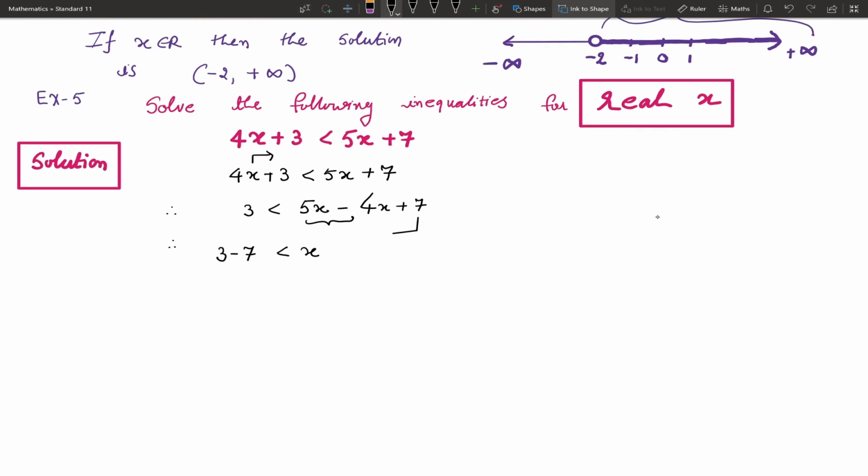So this can be written as, just again you check, 4x plus 3 less than 5x plus 7. Add both sides minus 4x. An alternate way to explain this, we are using the additive inverse of 4x.